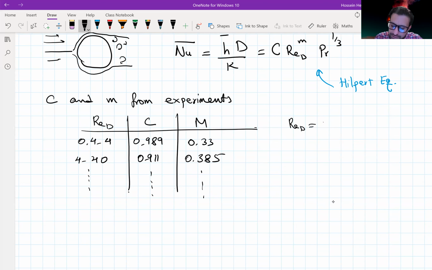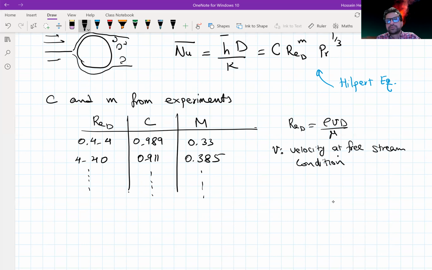Reynolds number is defined as rho V D divided by mu, and V is the velocity at free stream condition. Free stream condition means it's far from the cylinder, where the effect of the cylinder has not been felt.